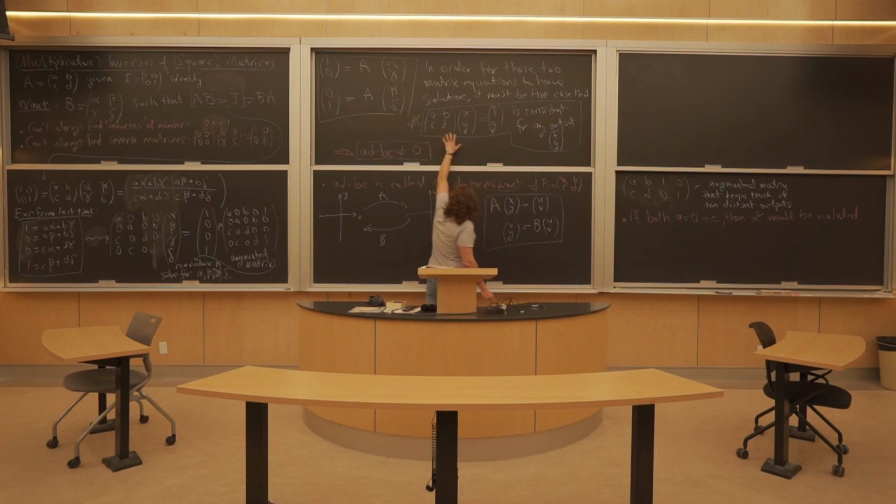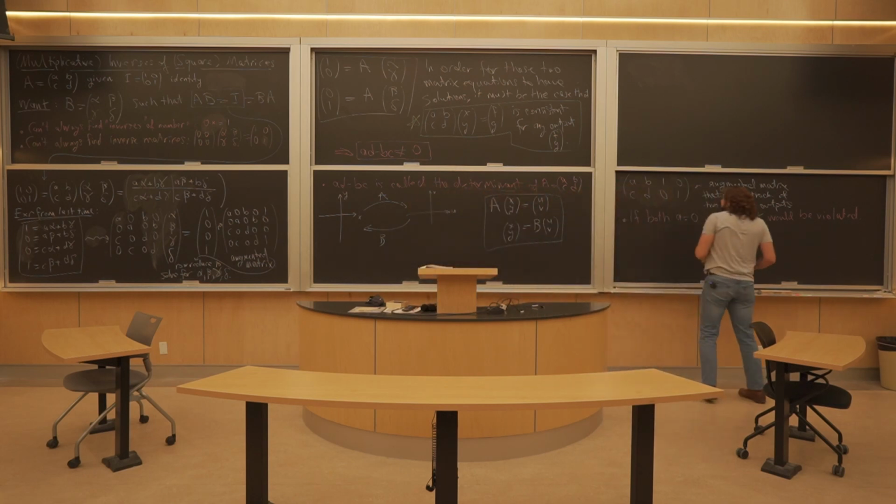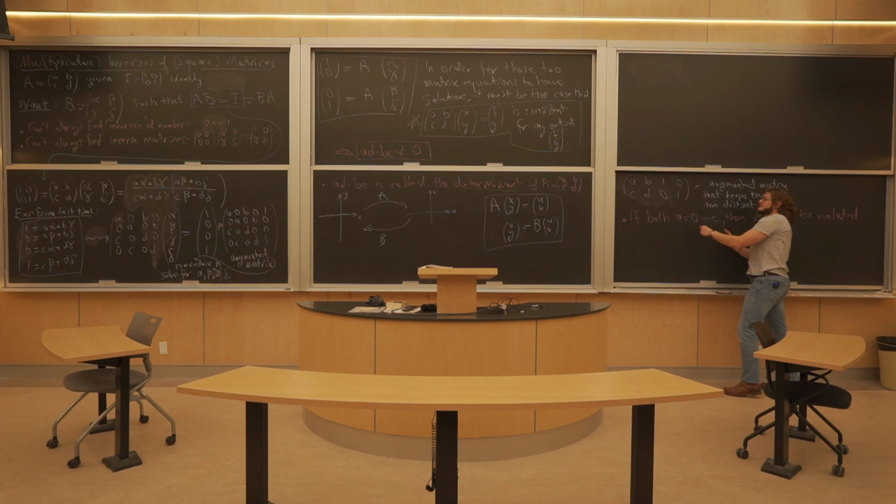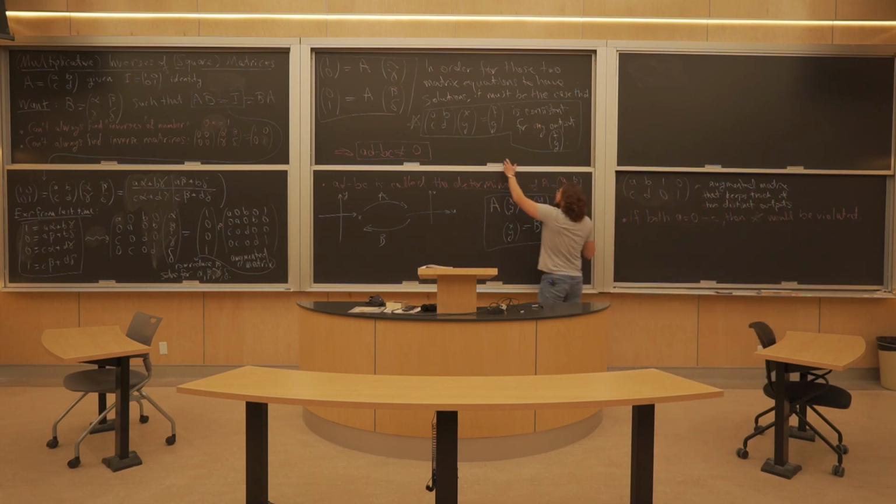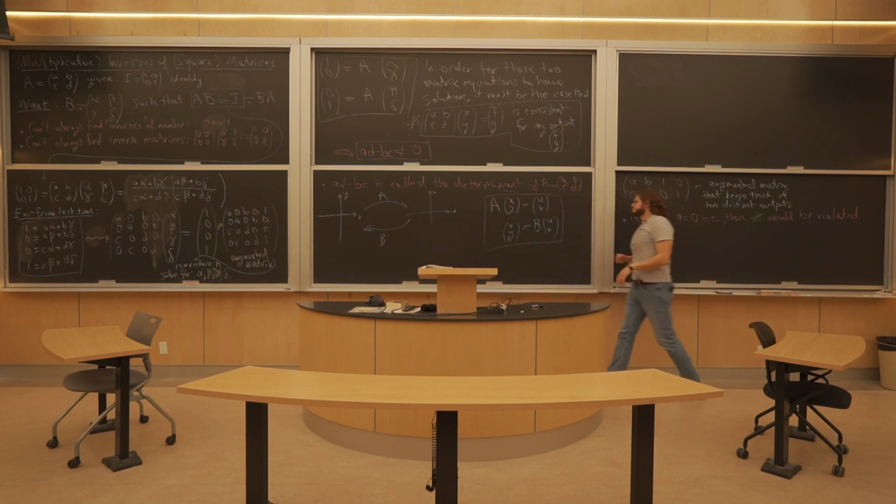If this column were all zeros, I know that this output really is a linear combination of the columns. We discussed this. If one of them is 0, that is not letting me move anywhere. And really, if both A and C are 0, that means that I wouldn't be able to find a solution no matter what f and g are.